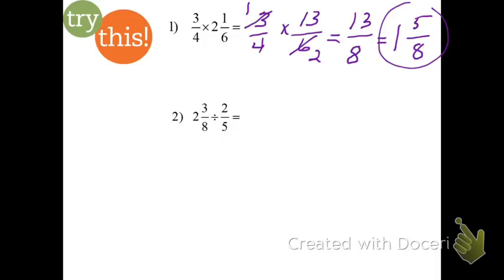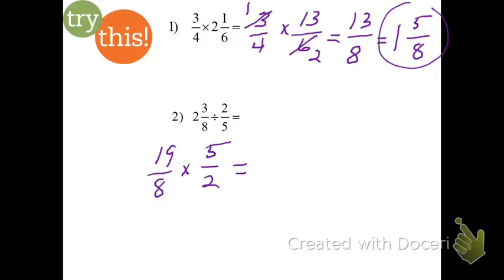The second one, I'm going to rewrite 2 3/8 as 19/8. 8 times 2 is 16, plus 3 more is 19, times, I'm going to flip the second one over. The reciprocal of 2/5 is 5 halves. This one doesn't simplify any further, so I'm going to multiply straight across.